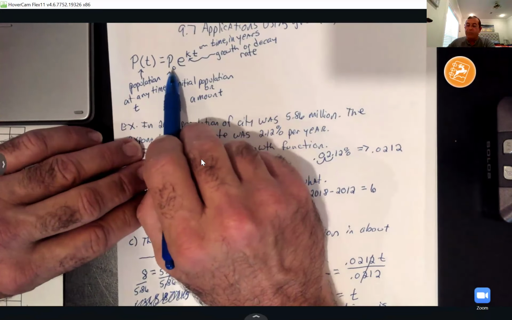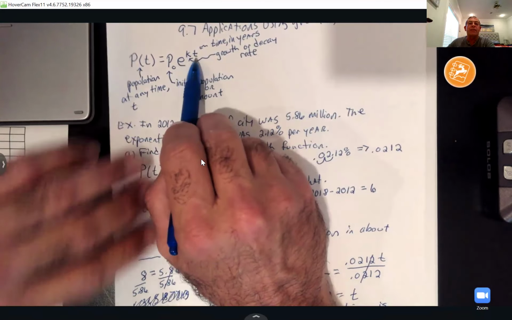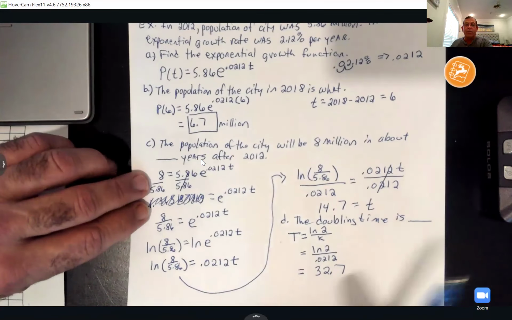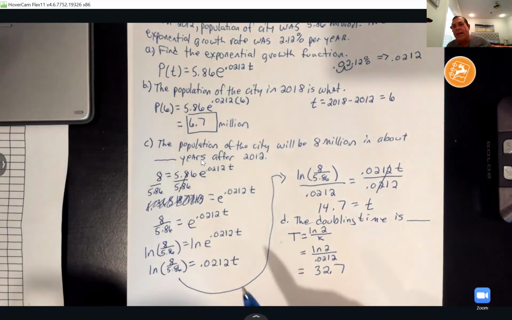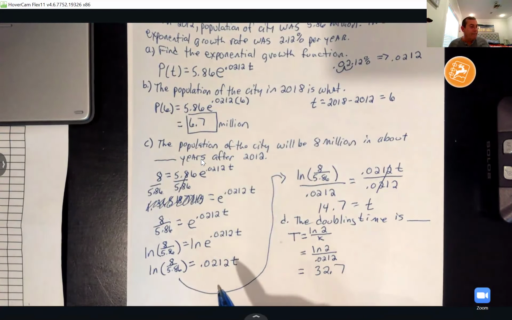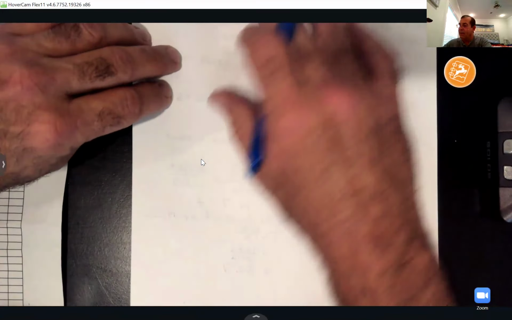P of T equals P initial e to the KT. And then this one for doubling time. And then I'll show you how you find the growth rate, okay? So y'all, basically 9.7 is just plugging into these formulas, okay?